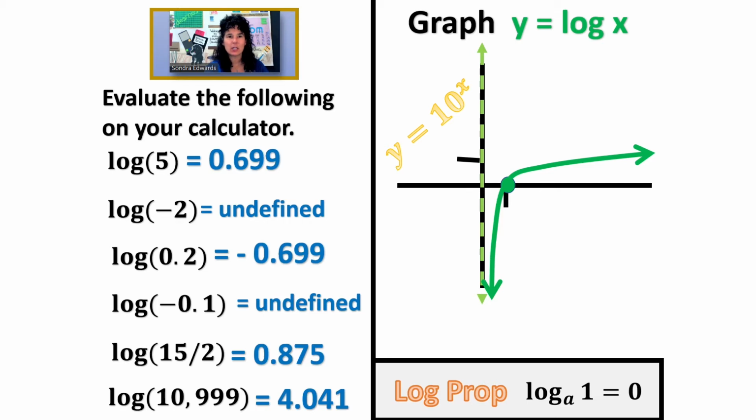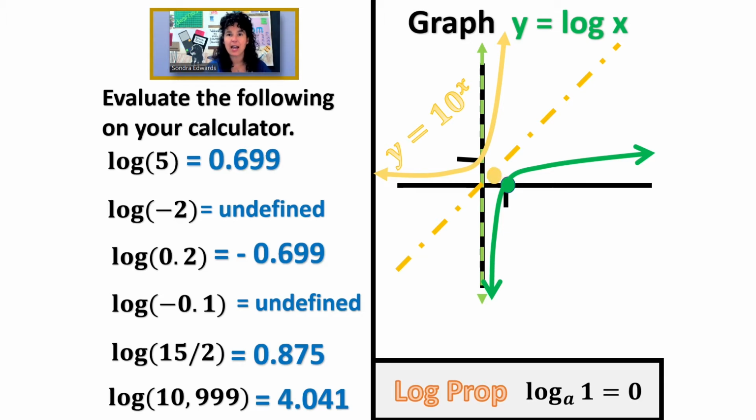Now let's do a little quick comparison to see where the graph of a logarithm comes from. The graph of 10 to the x, right, the J curve, an exponential function, it turns out that the graph of a logarithm is just a reflection of an exponential function.